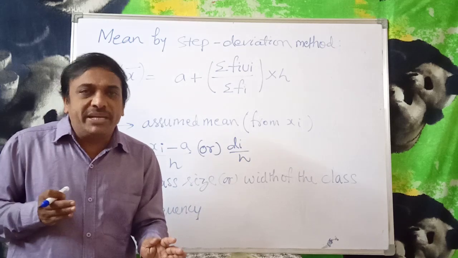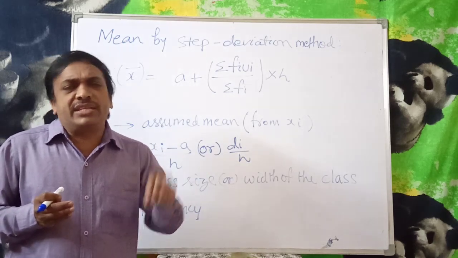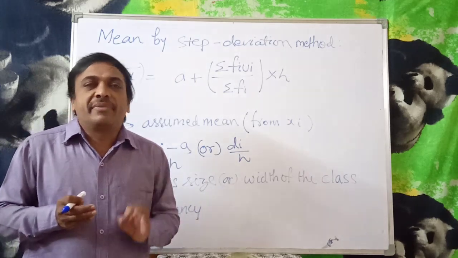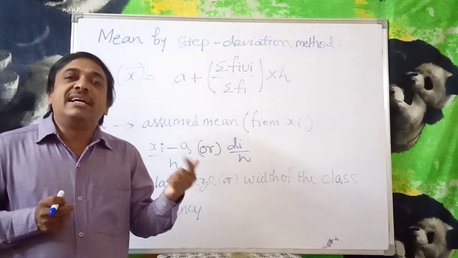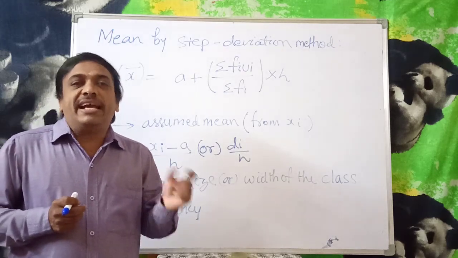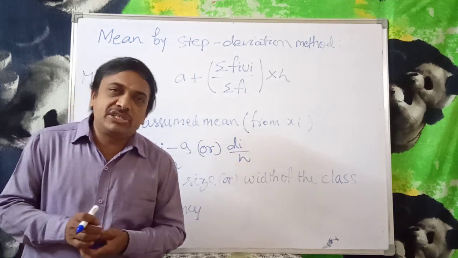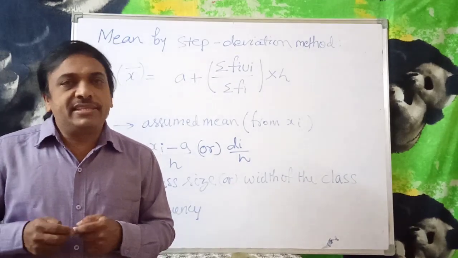A is the assumed mean, taken from any one of the xi observations. Then ui is equal to di by h or xi minus a by h.